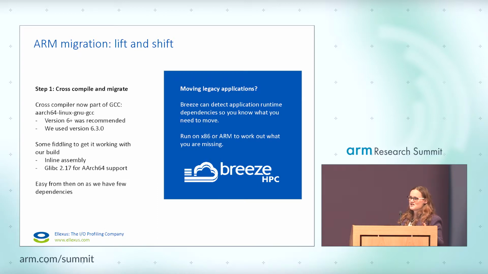We've already heard how the cross-compilation tools are now part of GCC. We were recommended that we use any version after 6, and we use version 6.3. And as I say, we had a bit of fiddling to get it going in our build, but those are really peculiarities to our application because we've got inline assembly in our applications for doing very specific performance analysis.